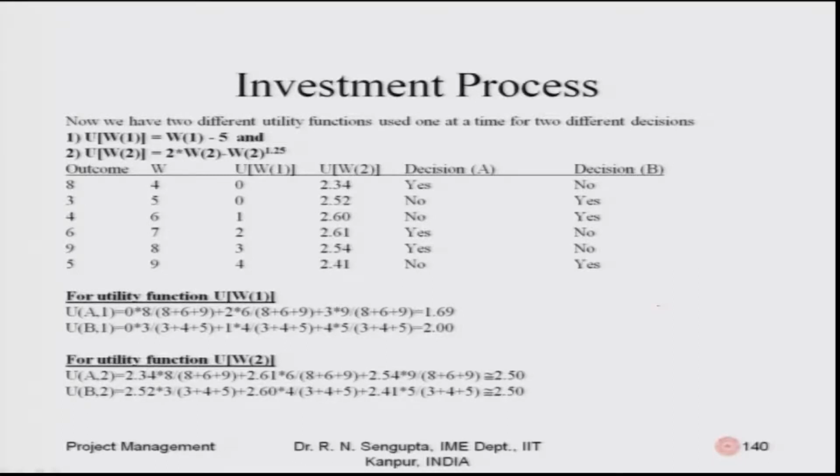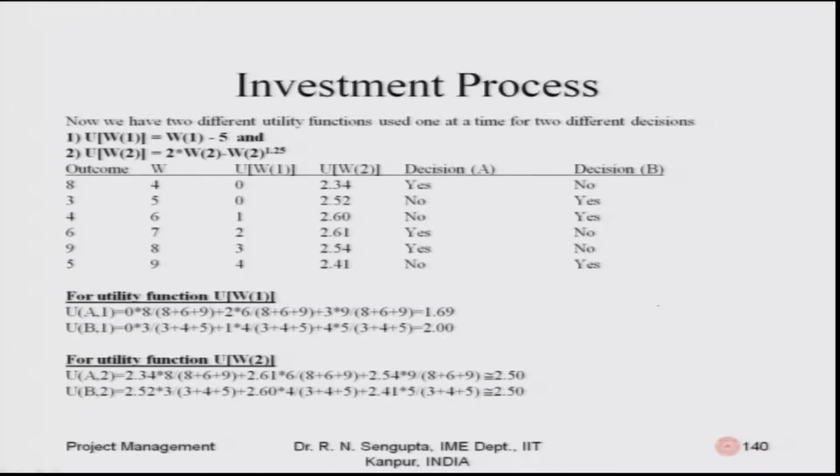Because if I put 4 minus 5 is minus 1, we will consider its negative being 0. So, we will put it 0. If it is 5 minus 5 is 0, it is 0. So, based on that we find out this calculation. Now, if I do it for utility 2, it is basically 2 into 4 minus 4 to the power 1.25, I find out these values.